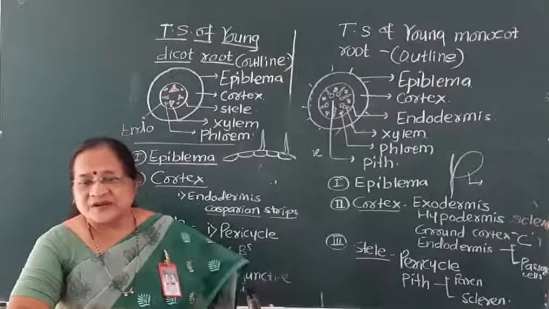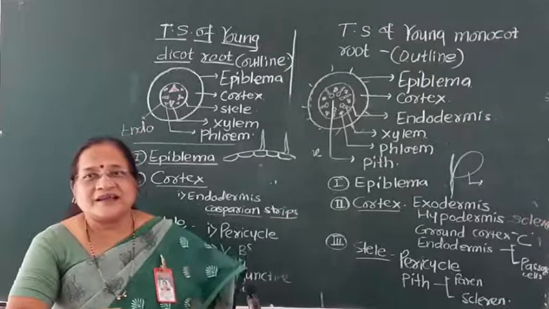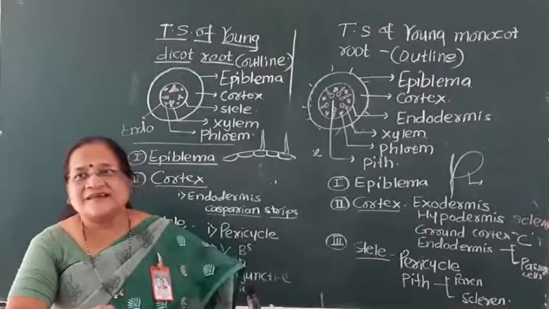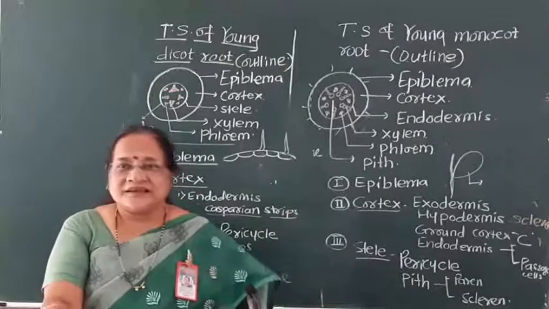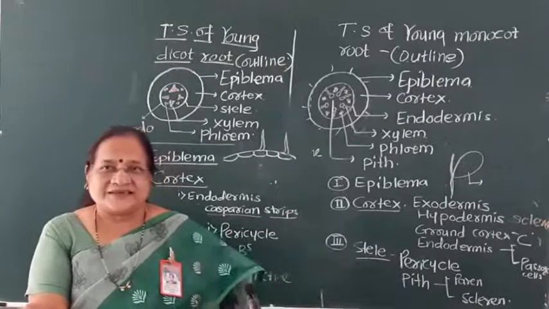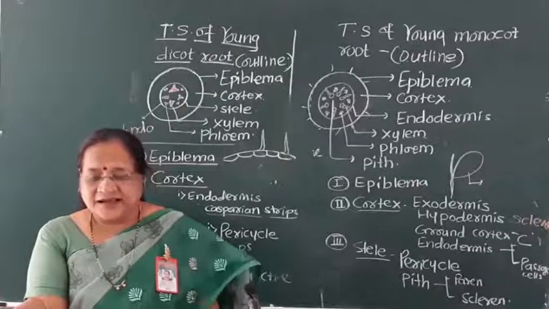But in this epidermis or epiblema, the cuticle and stomata are absent. Cuticle is the extra deposition for protection, and stomata are the natural openings for gaseous exchange. But in case of this young root, these structures are absent.